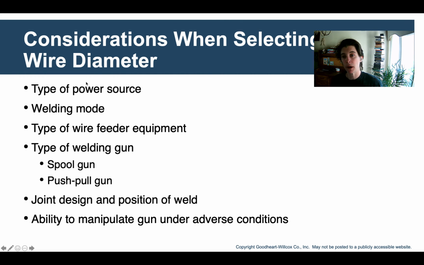You have to think about your power source, what it's capable of welding, what mode you're using, what type of feeder equipment you're using, and the type of welding gun, especially if you have a spool gun or a push-pull gun. We've talked about both of those in a couple of lectures back. You have to think about the joint design, the position of the weld, and your ability to manipulate the gun if you're in difficult positions.